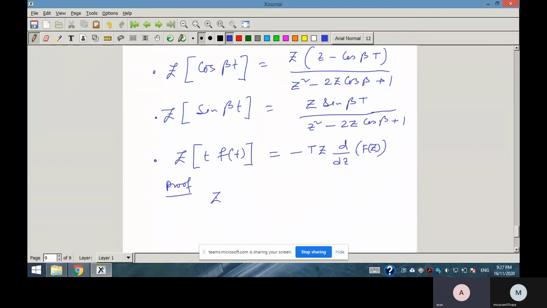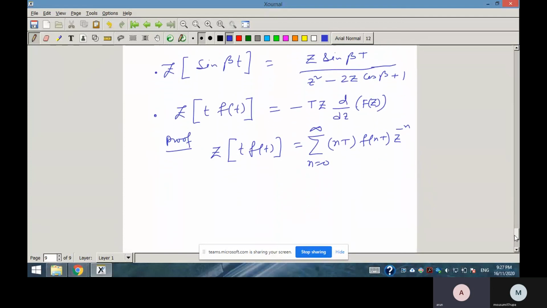What is the Z transform of t into f(t)? It is the summation for n equal to 0 to infinity, with t equal to nT, of f(nT) into z to the power minus n. Now suppose I want to write it like this.